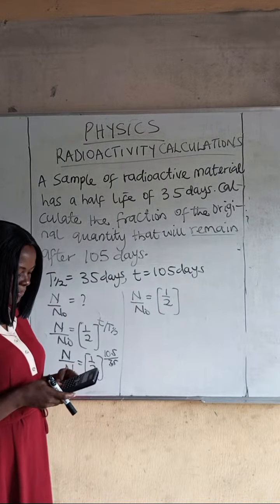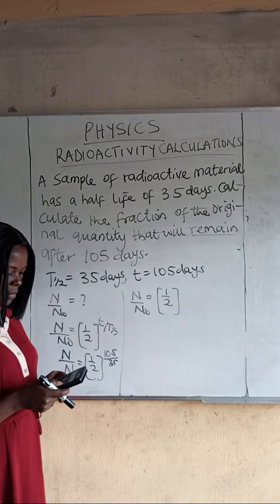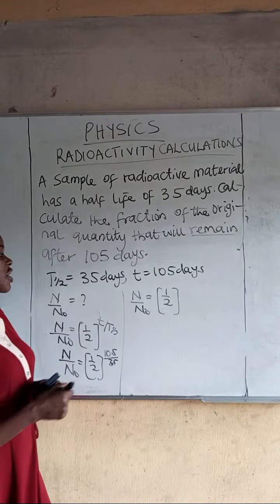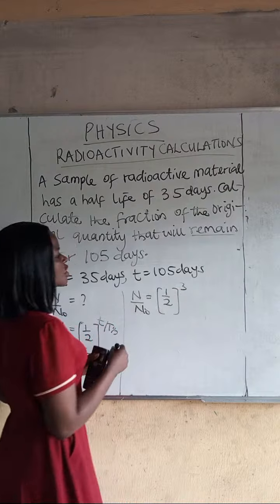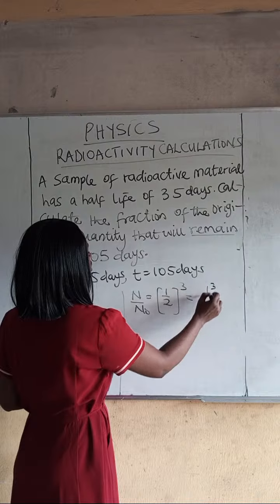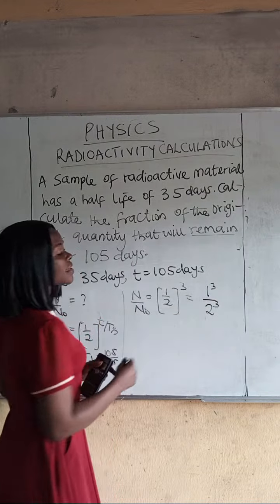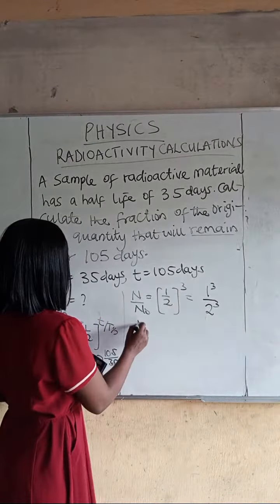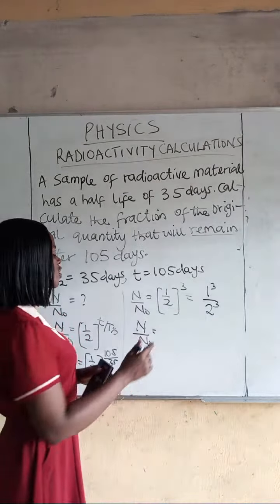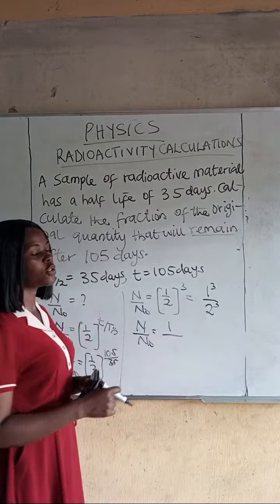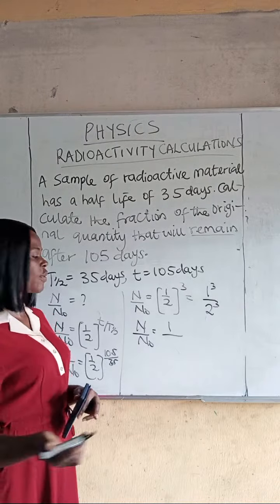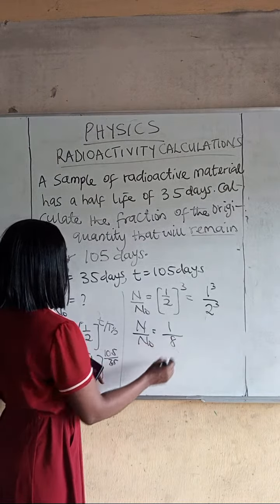105 divided by 35 gives 3, so I have it raised to the power of 3. This is the same as 1 to the power 3 over 2 to the power 3. 1 cubed is 1, and 2 cubed is 2 times 2 times 2, which is 8.